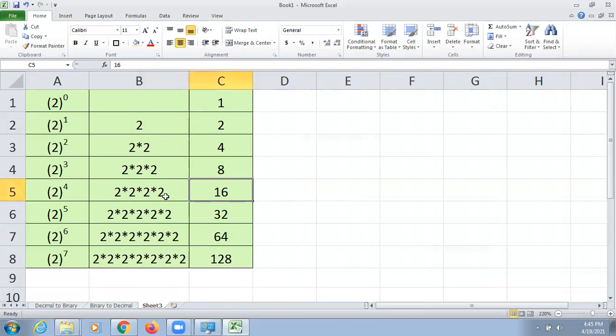So this table also you can learn. 2 raised to power 2 is 4, 2 raised to power 3 is 8, 2 raised to power 4 is 16, 2 raised to power 5 is 32, 6 is 64 and 7 is 128. Most of the time you will not get a number greater than this.